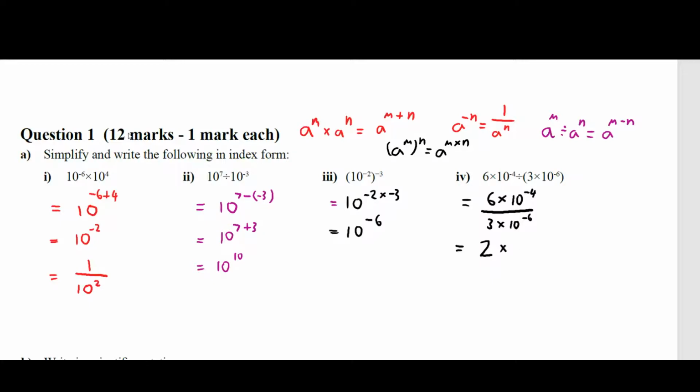That's the same as times 10 to the power of negative 4 take negative 6. So what we're going to have here is 2 times 10 to the power of negative 4 take negative 6, which is negative 4 plus 6. 2 times 10 to the 2.